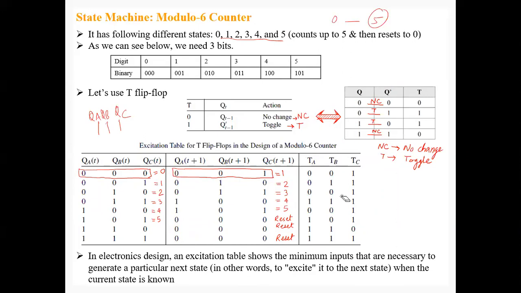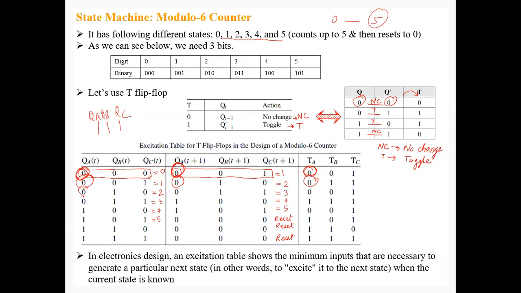Okay, let's complete this table. So for 0 0 1, when QA is 0 and QA plus is 0, when both of them are 0, what is the value of T? 0. So when QA is 0, what is the value of T? 0 again.